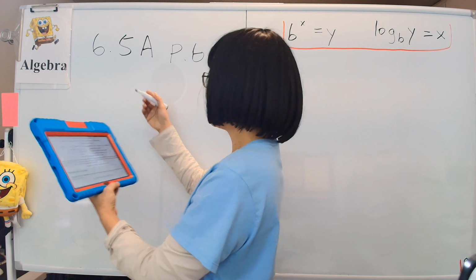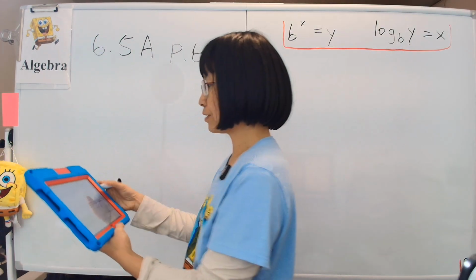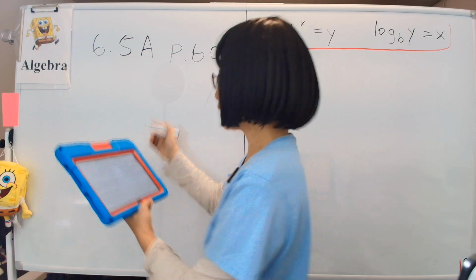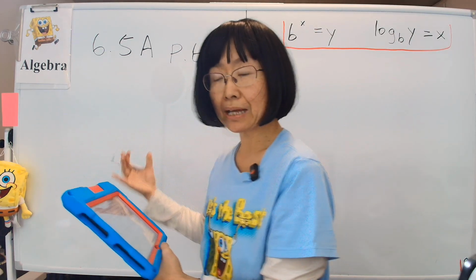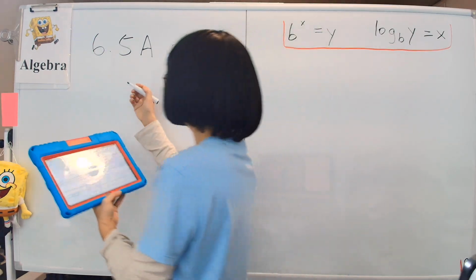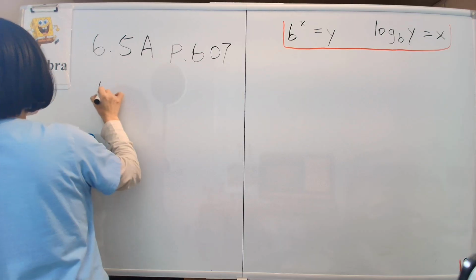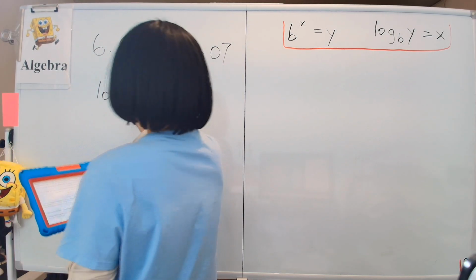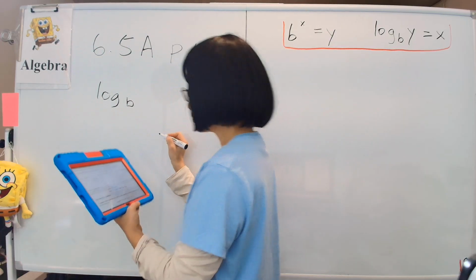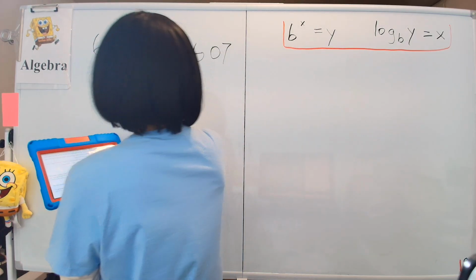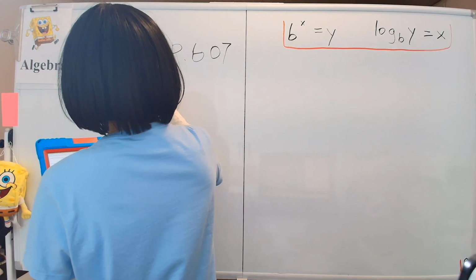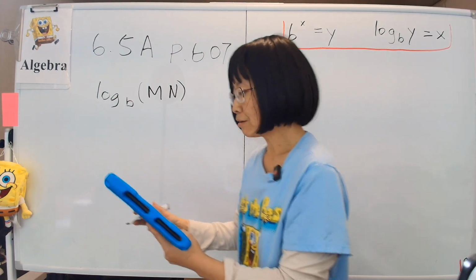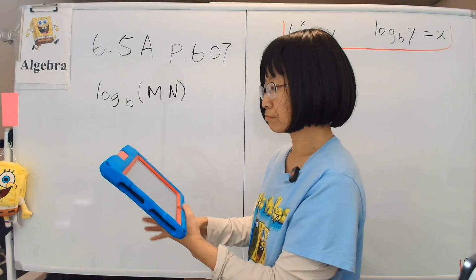And so anyway, let's say we're calculating the log of M times N. The big M and big N are just two numbers, okay? So let's say we're calculating log of some base, which we'll call b, and we're calculating M times N, okay?